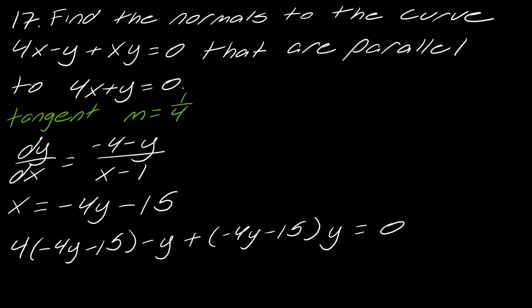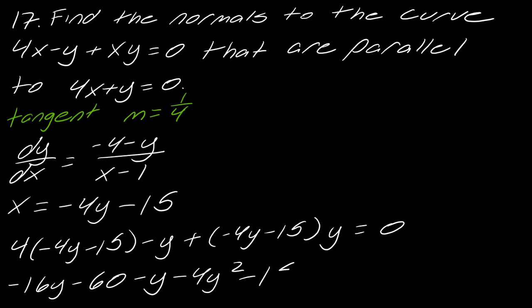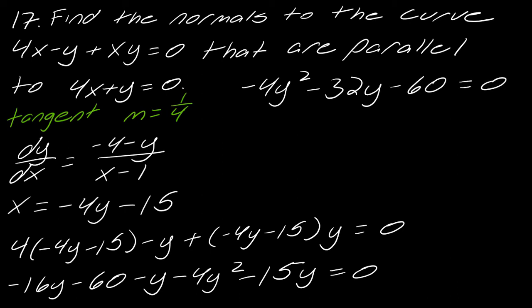So now I need to distribute everything and clean this up. So this becomes -16y - 60 - y - 4y² - 15y = 0. So let's continue on with this. This will give me -4y² - 32y - 60 = 0.